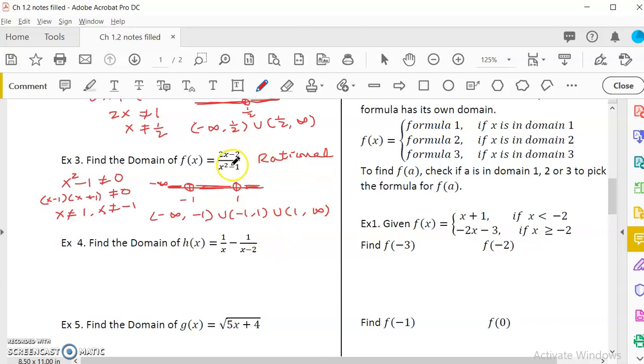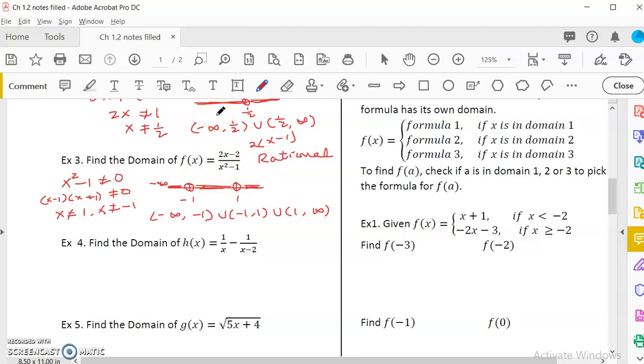Okay, so pay attention. Some students may ask me, Miss Chan, if I factor the top, I have 2x minus 1. Can I cancel this x minus 1 with this x minus 1 in the denominator so that I only need to care about this? No. When you look at the domain of a function, you look at where the denominator cannot be 0, even before you cancel.